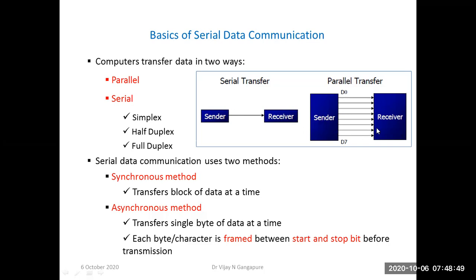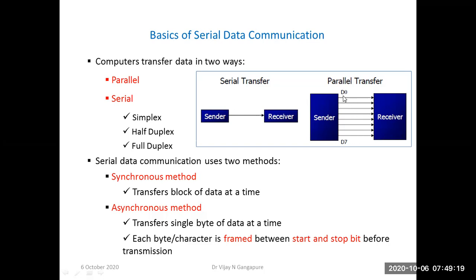In the case of parallel transfer, which is a common method to interface peripherals with a microprocessor or microcontroller, these peripherals are near to the microprocessor or microcontroller, so it is possible to have parallel interfacing. What does parallel transfer do between sender and receiver? Instead of a single line, a number of parallel lines are used.